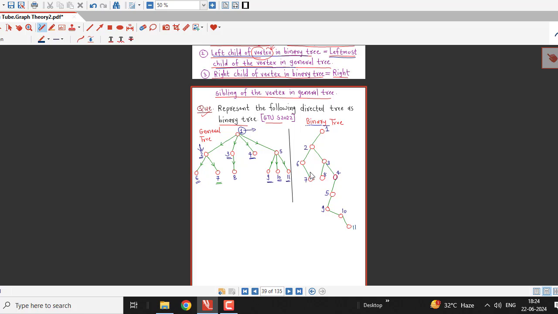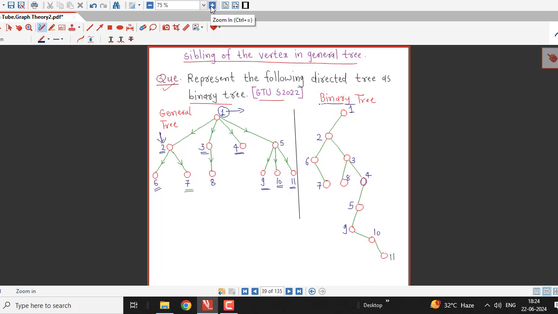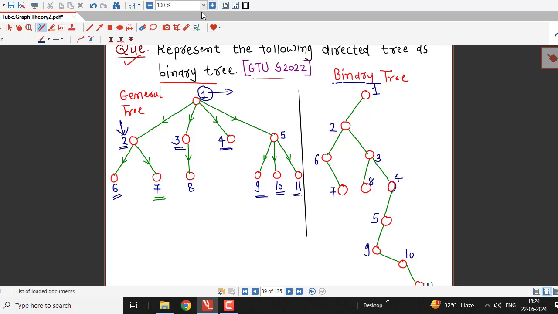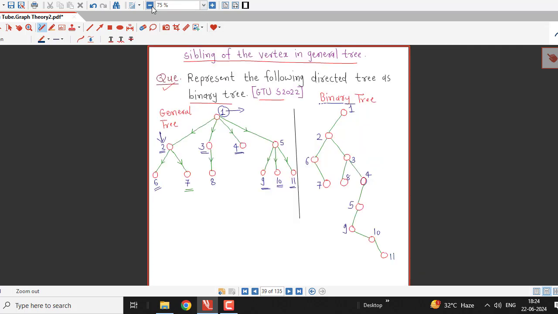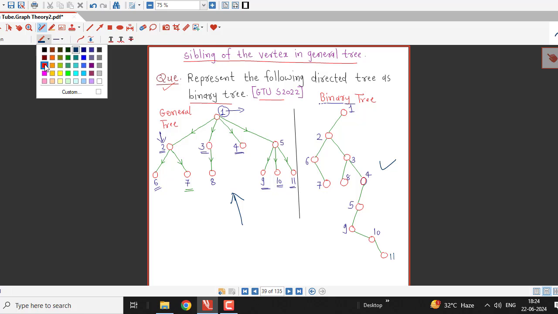So here we can see that on the right hand side we have binary tree, and so this is the binary tree, required binary tree for which general tree is given. So this is very easy correspondence.